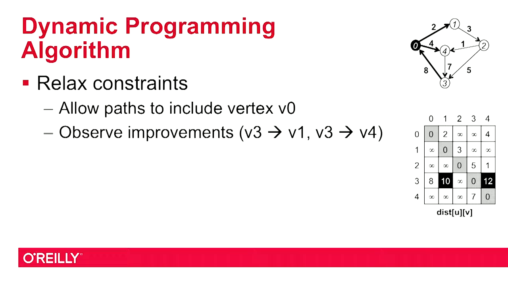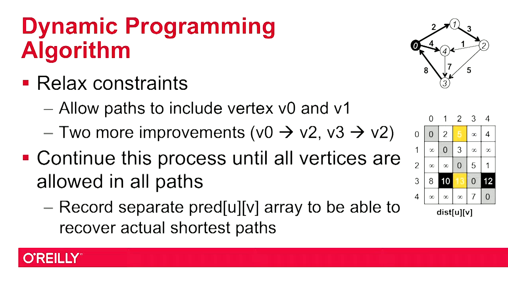And what you want to do is consider, now that I've made that small adjustment, let me adjust one more time. What if now I allow you to not only use direct edges and not only use edges that happen to go through vertex v0, now you can use edges that go through vertex v1 as well. Here, similarly, I've got 2 more adjustments to make. I can now go from vertex 0 to vertex 2, for example.